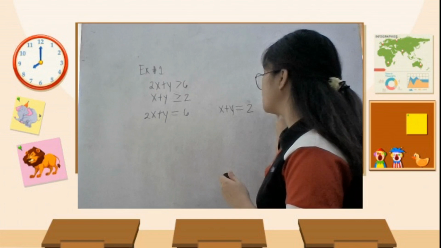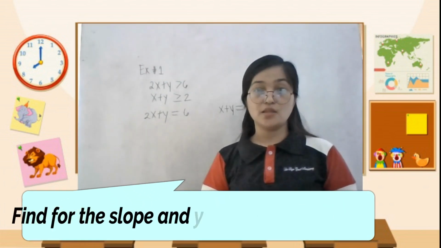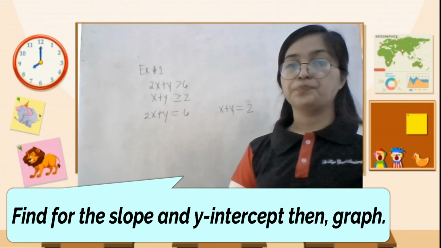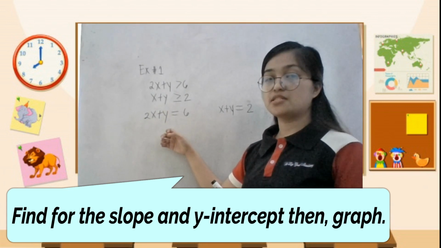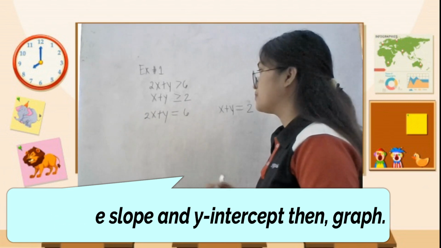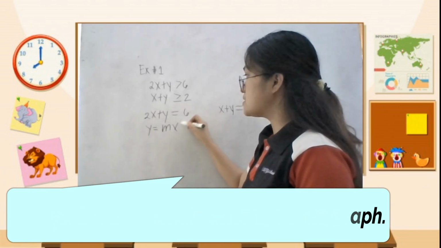Next, find for their slope and the y-intercept. Okay, and how to find the slope and the y-intercept? We need to transform this standard form into slope-intercept form. So again, we have y is equal to mx plus b.